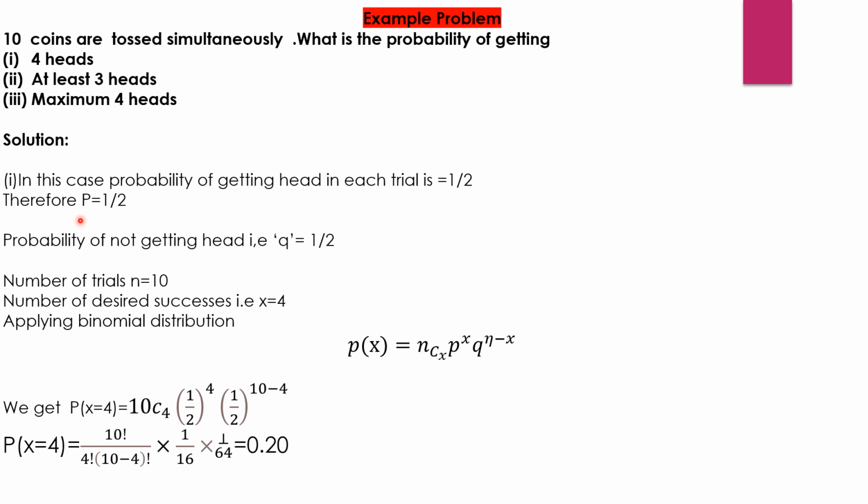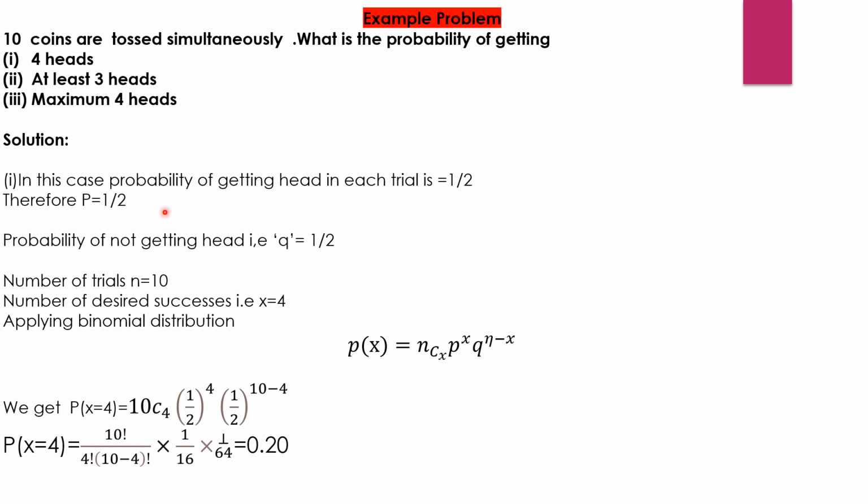When 10 coins are tossed simultaneously, what is the probability that we will get 4 heads? To apply binomial distribution, we first calculate the probability of success in each trial. Here, in case of this coin, the probability of getting head in each trial is 1 by 2.